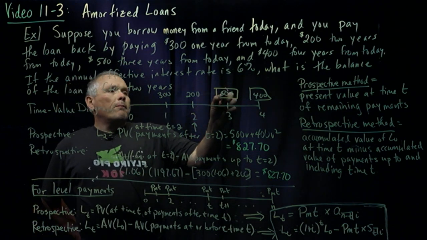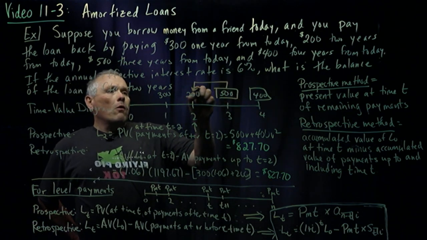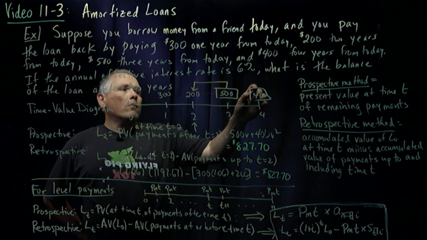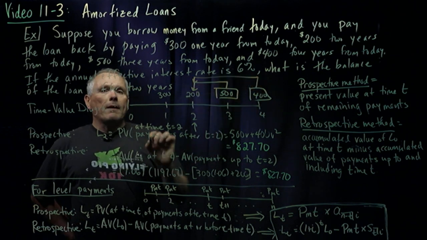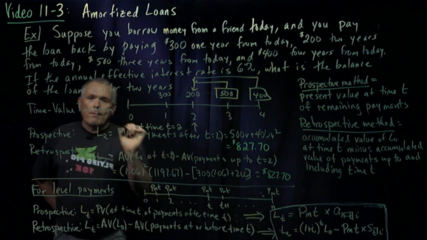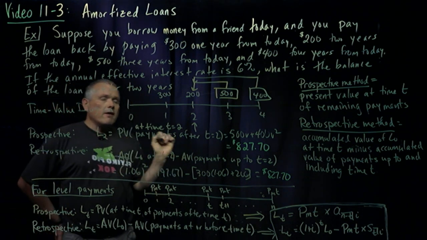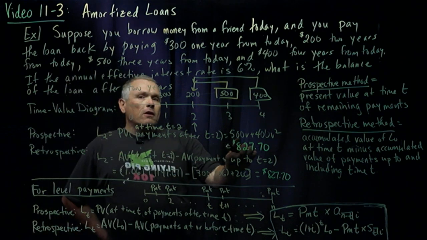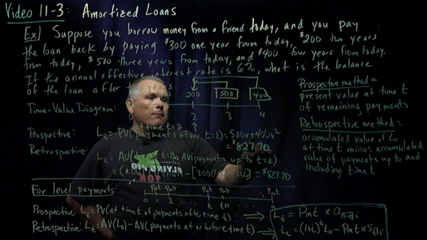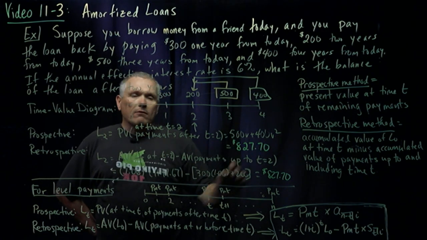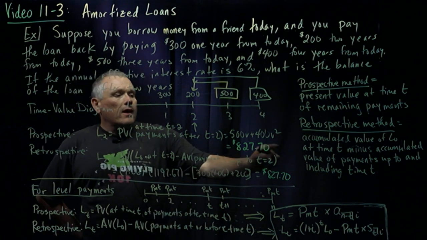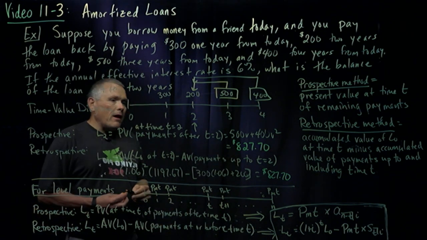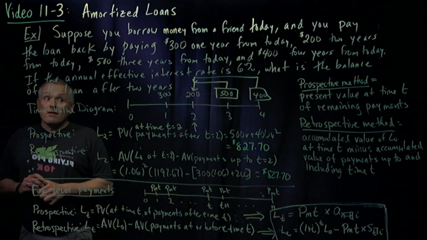We need to move the $500 back 1 time period and the $400 back 2 time periods. We're not calculating the present value all the way back at 0. We're calculating the present value at time 2. So the $500 gets stepped back 1 time period, the $400 stepped back 2 time periods, and in that case you get a remaining balance of $827.70.